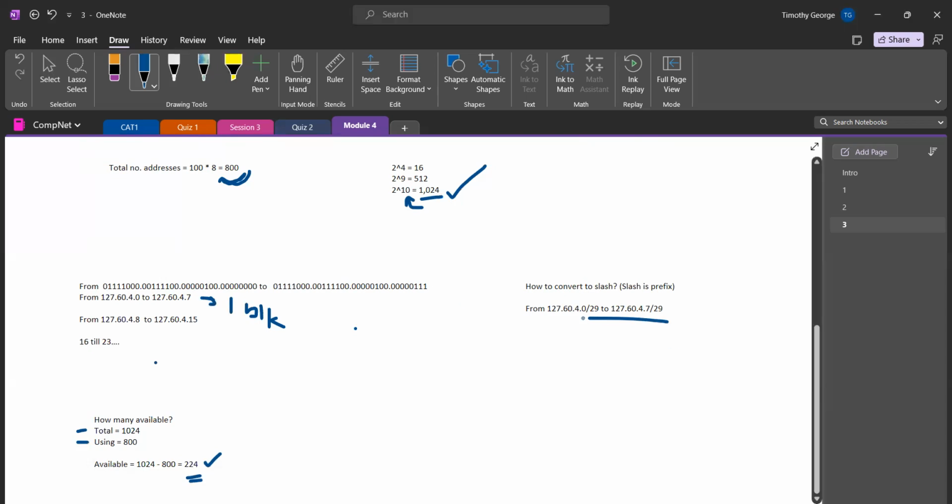Yeah, it will be so you have 32 and you're using the last three bits to get from 4 to 7, and that prefix will remain for all the subblocks that you put. So the next one would still be 29.